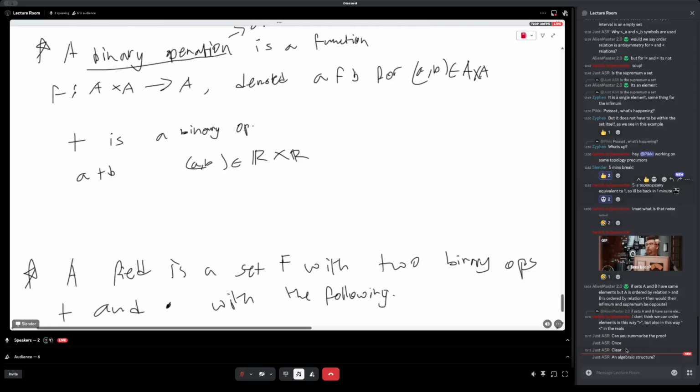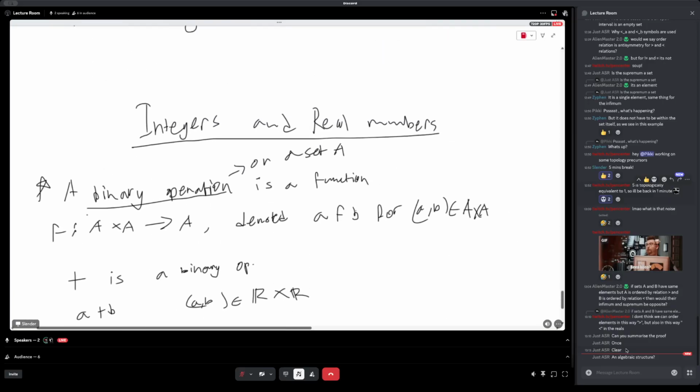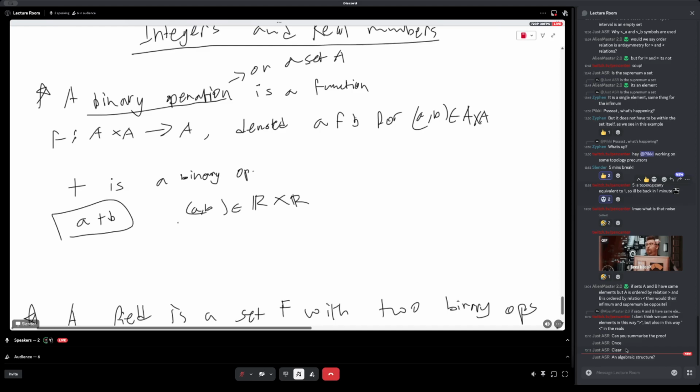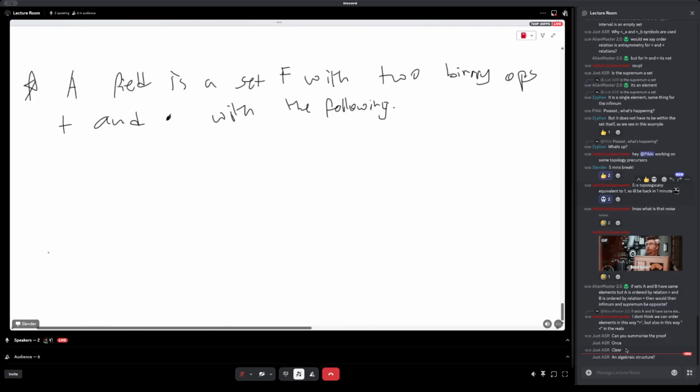Also, in a binary operation on a set, wherever you apply that operation, the result will stay in the set. Here, if you add two numbers from the real numbers using this binary operation, then the result will also be in that set. Just making sure, because I won't be defining closure here.